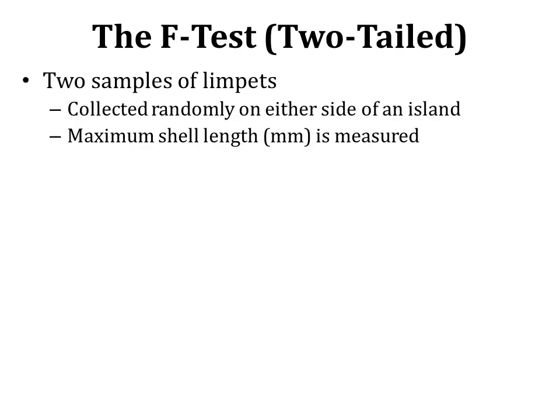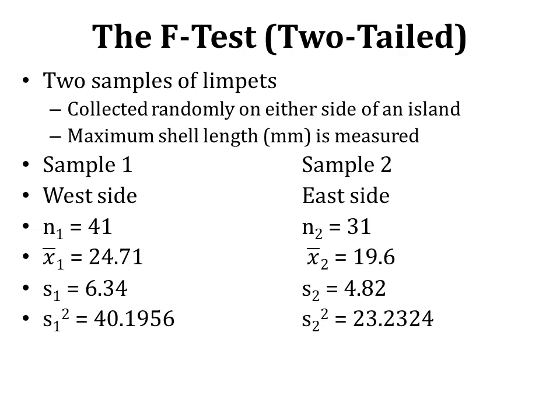We are taking one example: 2 samples of limpets which are collected randomly on either side of an island. The variable measured from these samples is the maximum shell length. These are the descriptive statistics for this data. Sample number 1 is the west side and sample number 2 is the east side. The number of observations on the west side is 41, on the east side 31.